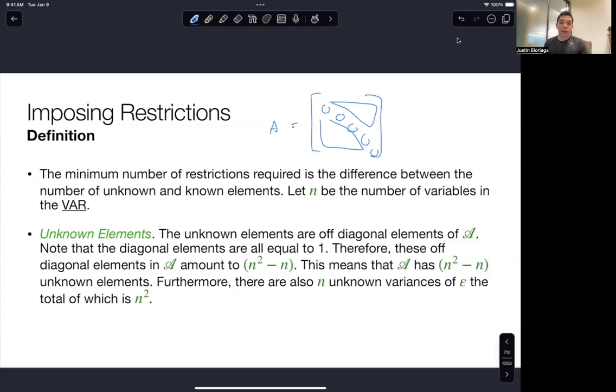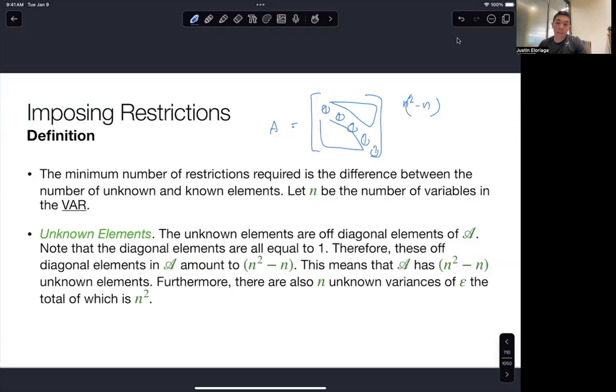By default, all the diagonal elements are equal to unity. Therefore, the off-diagonal elements number just n squared minus n, which means that our matrix of contemporaneous correlations, A, has n squared minus n unknown elements. Because the diagonal, by construction, is set to 1, the rest is unknown, that's n squared minus n.